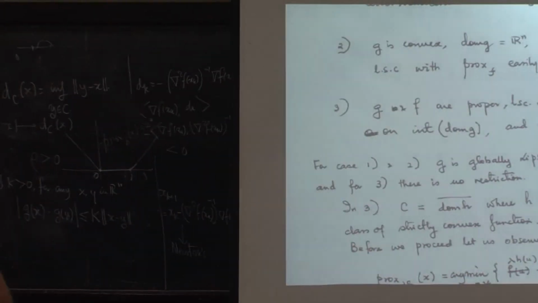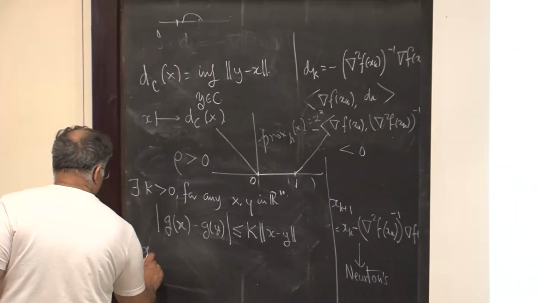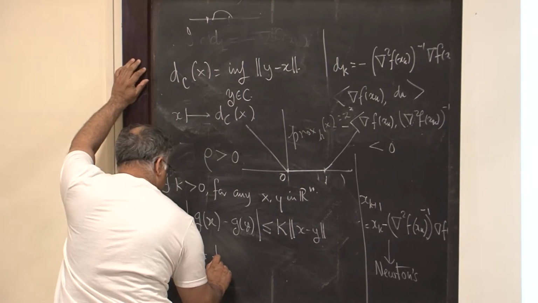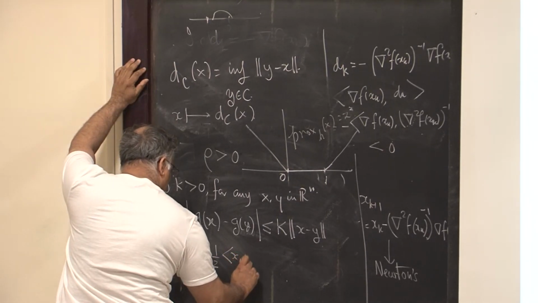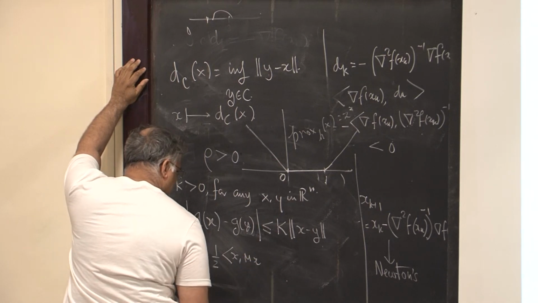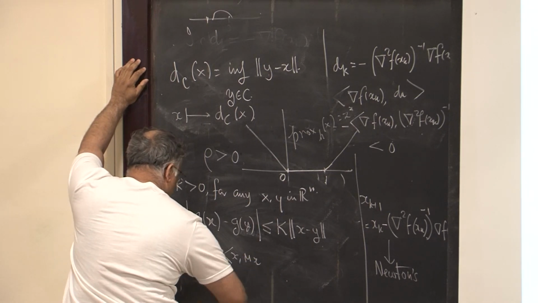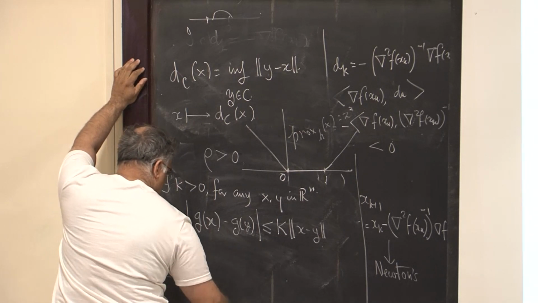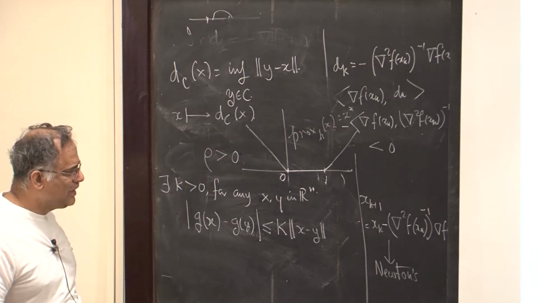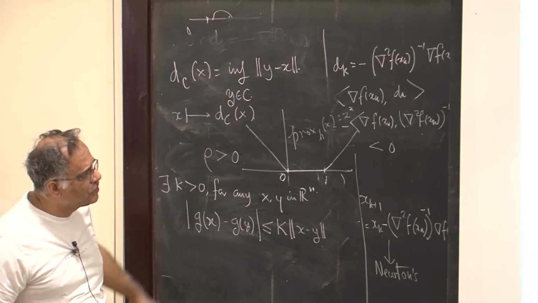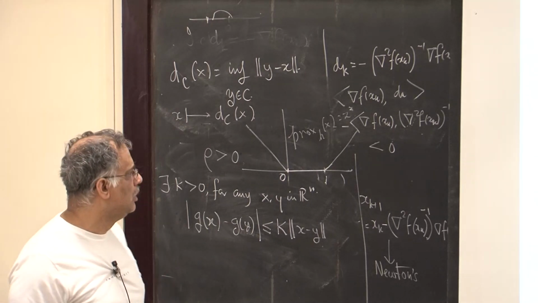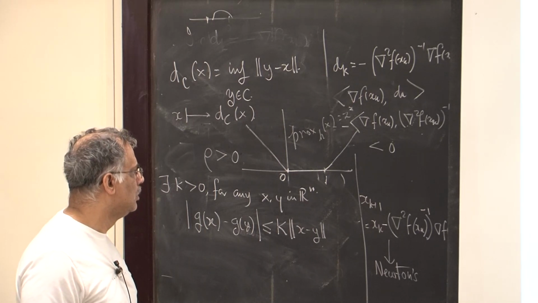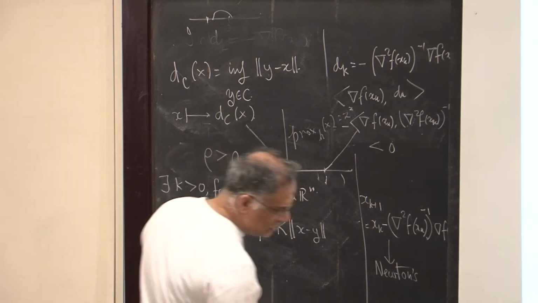This has to hold for all x, y. I will show you an example. Suppose g of x is a convex quadratic function, half x transpose M x. But this condition is not so easy to actually hold. I think there's some mistake here, let me check.